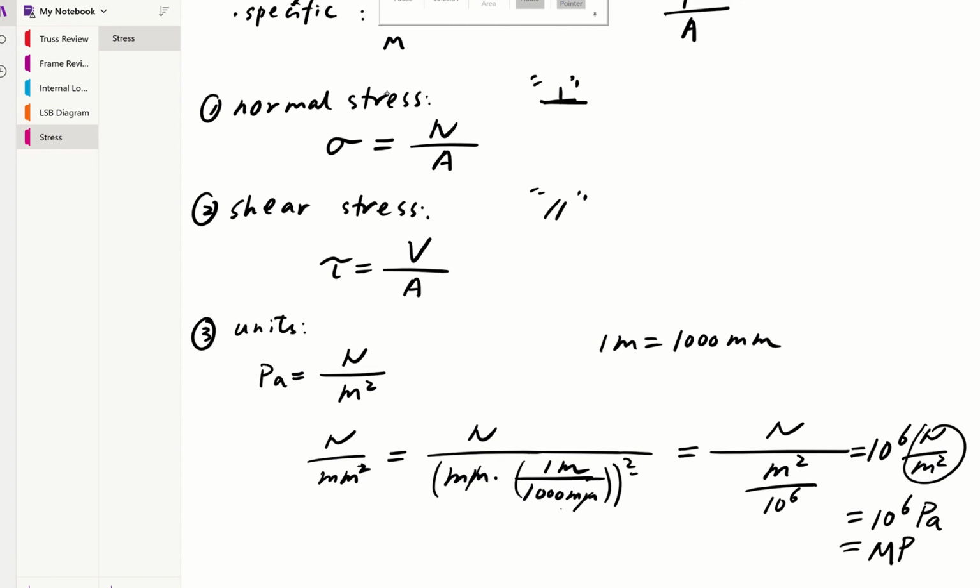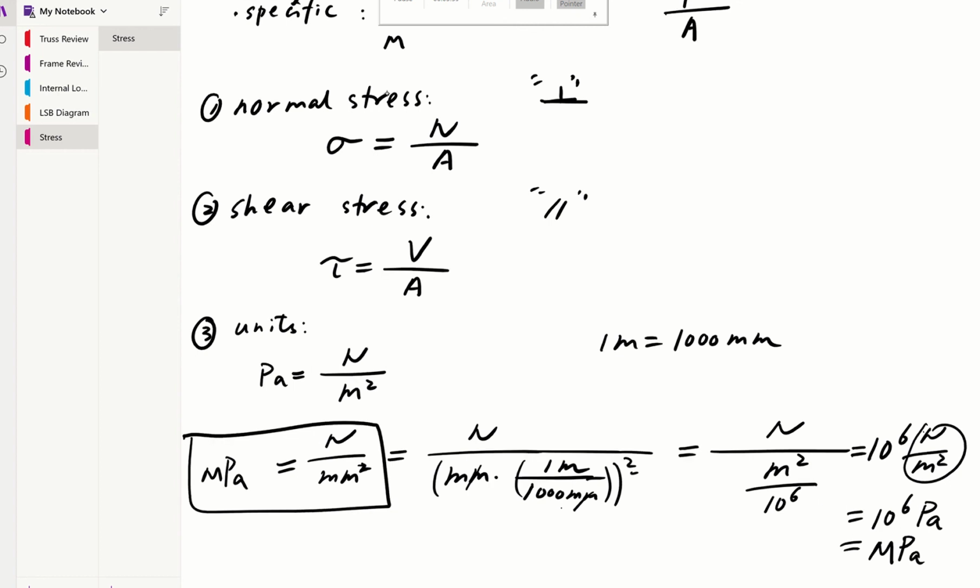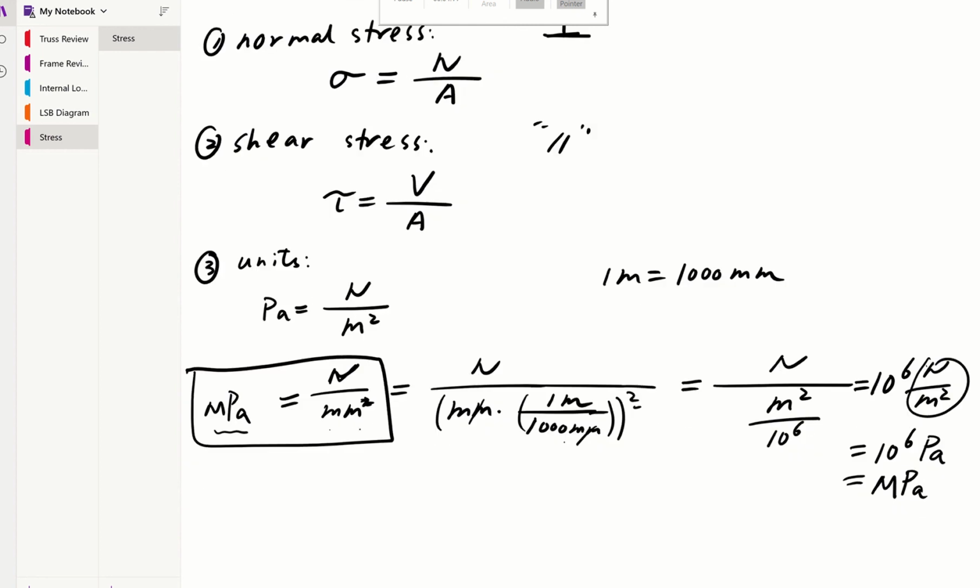Mega. So that's megapascal. This comes in really handy. When you have a problem and you find the internal force in Newton and the cross-section area in millimeter square, then immediately when you calculate the internal stress, that gives us megapascal.